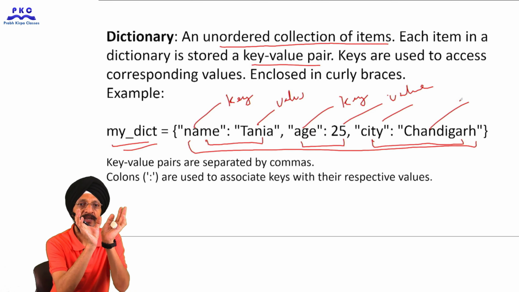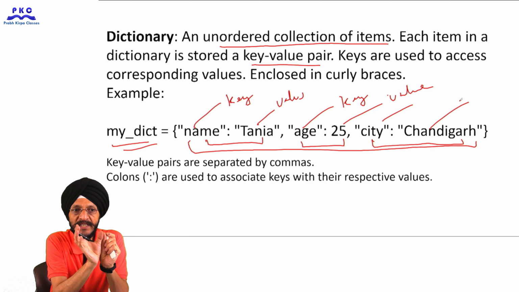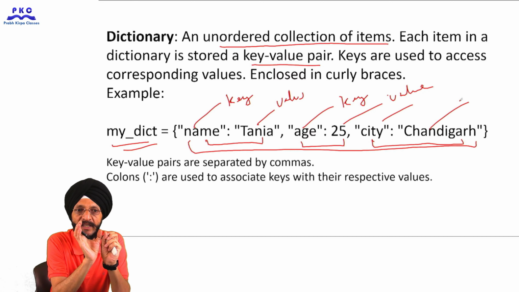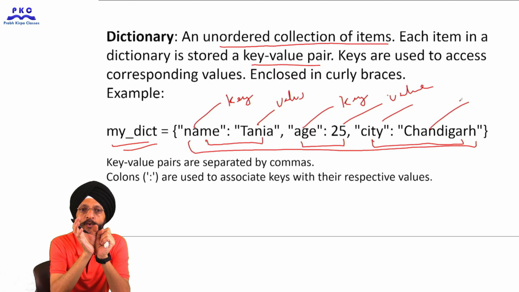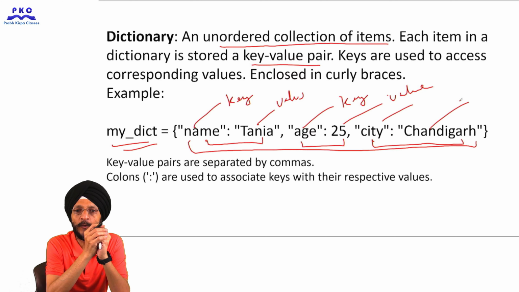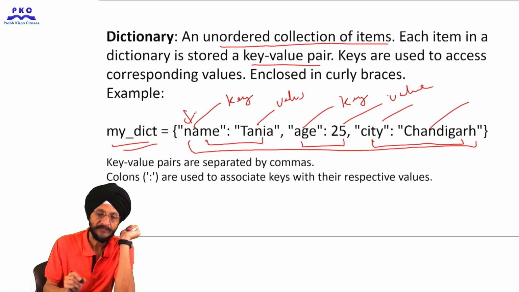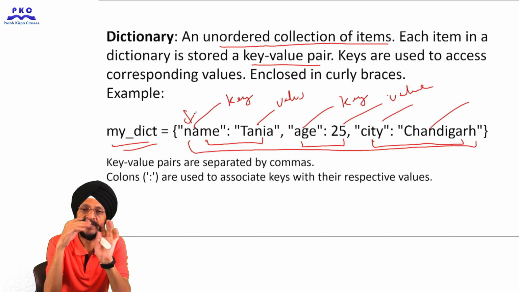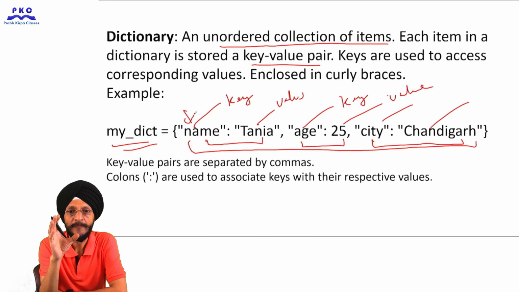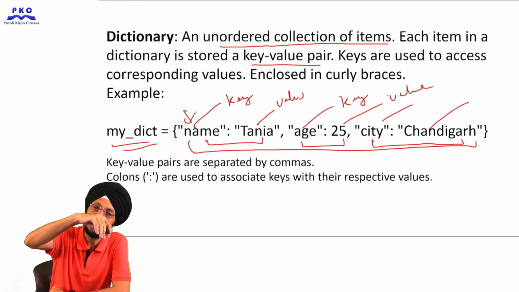That is, each item is stored in a dictionary as a key value pair. When we want to access any corresponding value, we will have to access keys. We cannot directly access values in a dictionary; we will have to access keys.